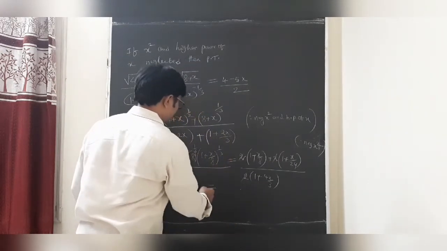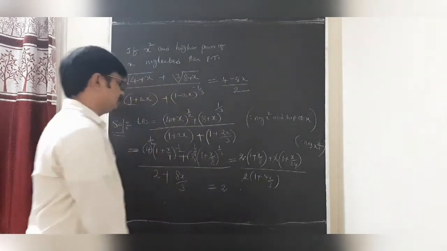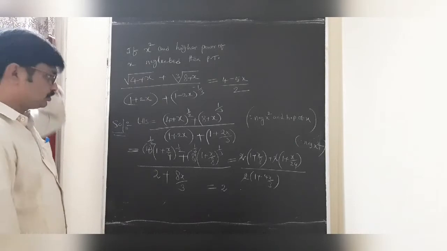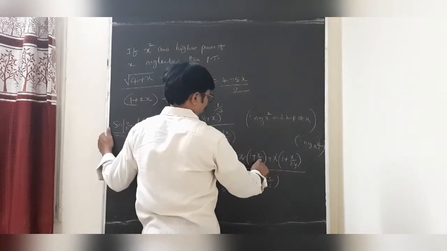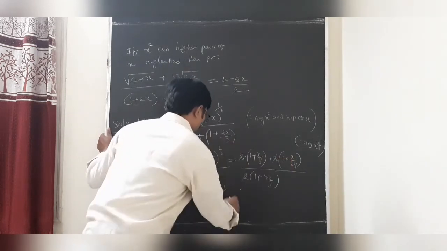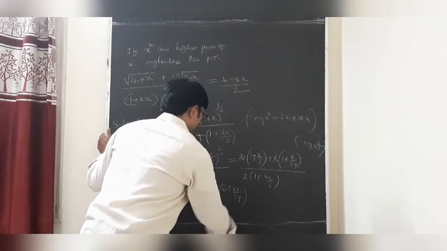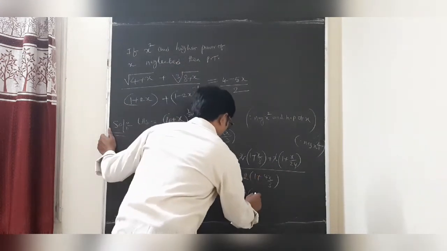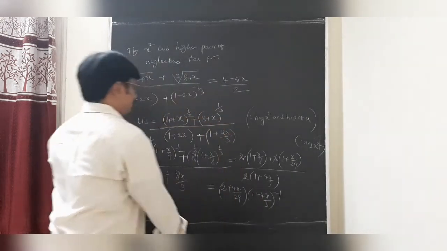Now students, this is 1 plus 1 2. After that students, the LCM is 24. So 8 3s are 3x plus x, 4x by 24. So this is what students? 1 minus 4x by 3 whole power minus 1.